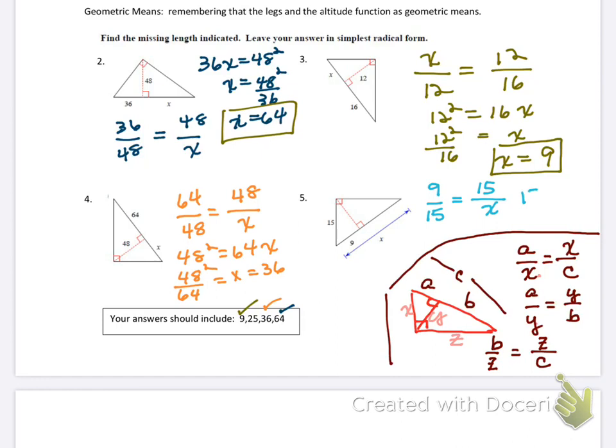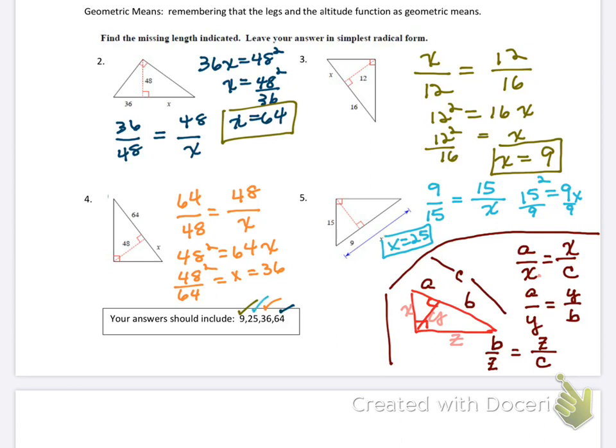So we get 15 squared equals 9x. Divide both sides by 9, and you should be getting x equals 25. Okay, put that in your calculator, and that's what you should get, and that's my fourth answer down here.